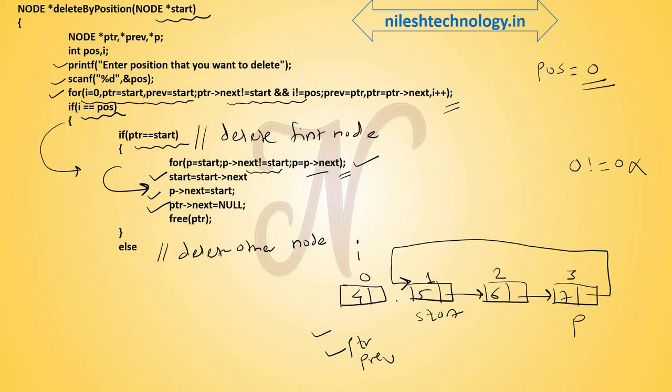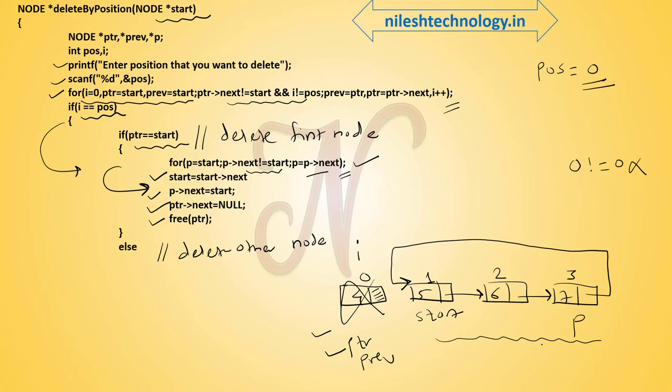So remove this link, assign the address as null, and free ptr. Here we remove this node in the linked list. This is your returning linked list: 5, 6, 7. Like this we delete the first node in a linked list by using position.